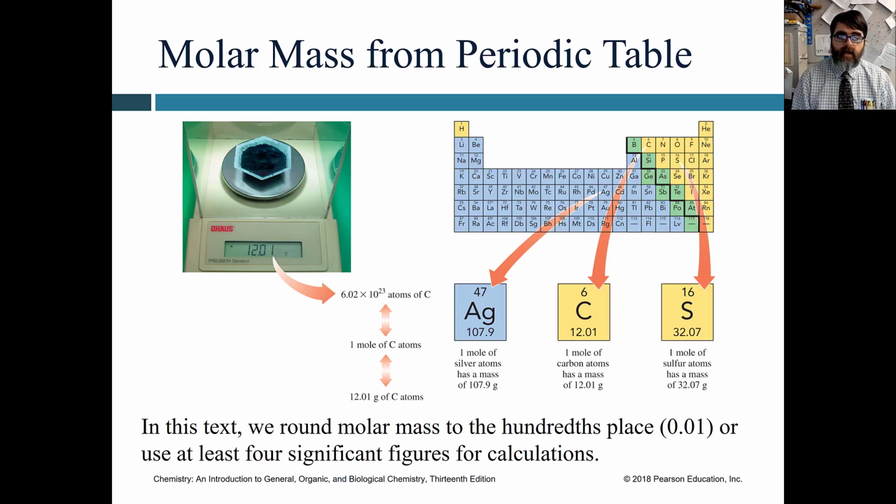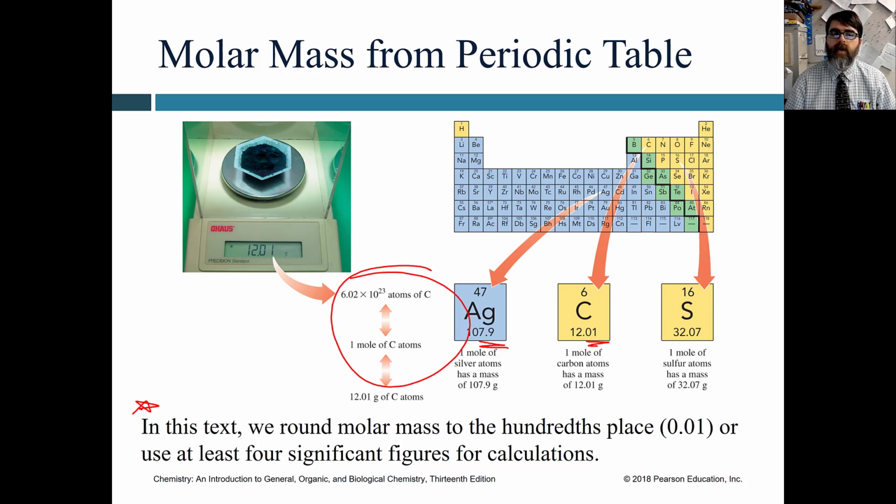So here again are those 3 ratios, and the masses of elements on the periodic table have those individual masses. They also mention that they go out to 4 sig figs, which is why these here go out to the hundredths place, but these here only go out to the tenths place. Personally, I prefer to use a mass that's bigger than any of my measurements.